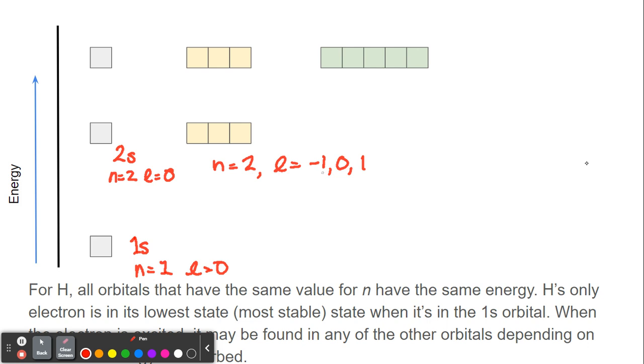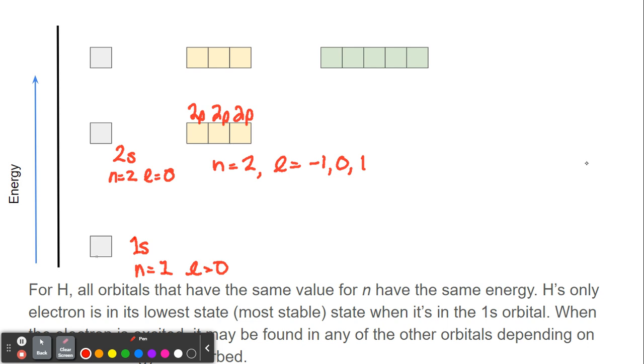n is equal to 2 and l is equal to -1. n is equal to 2 and l is equal to 0. n is equal to 2 and l is equal to 1. We would call these all 2p orbitals, but they'd be in different orientations, x, y, and z. But notice that for hydrogen here, whether it's 2p or 2s, those orbitals are exactly the same energy level.